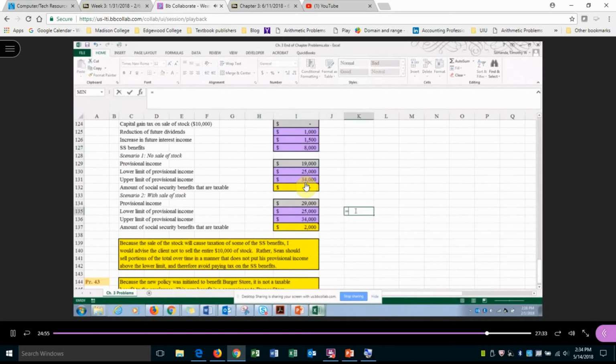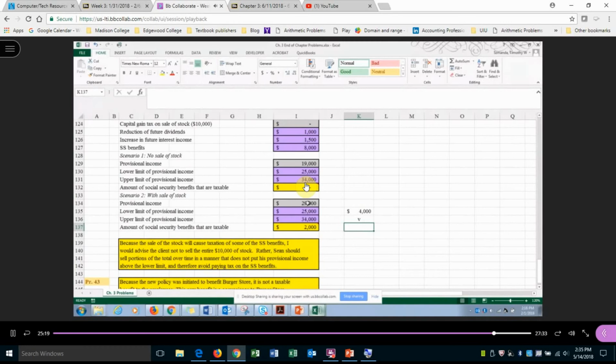So we're going to take half of that, 50%, and compare that to the second part of the test, which is 50% of the excess of provisional income over $25,000.